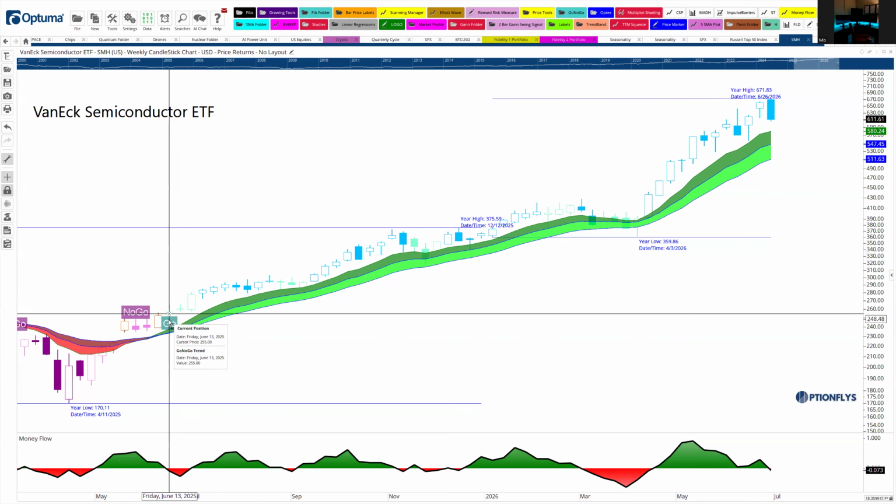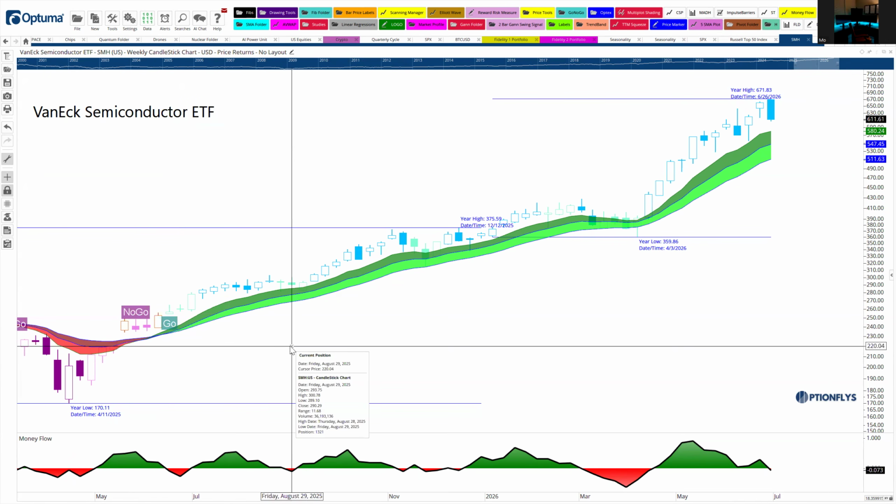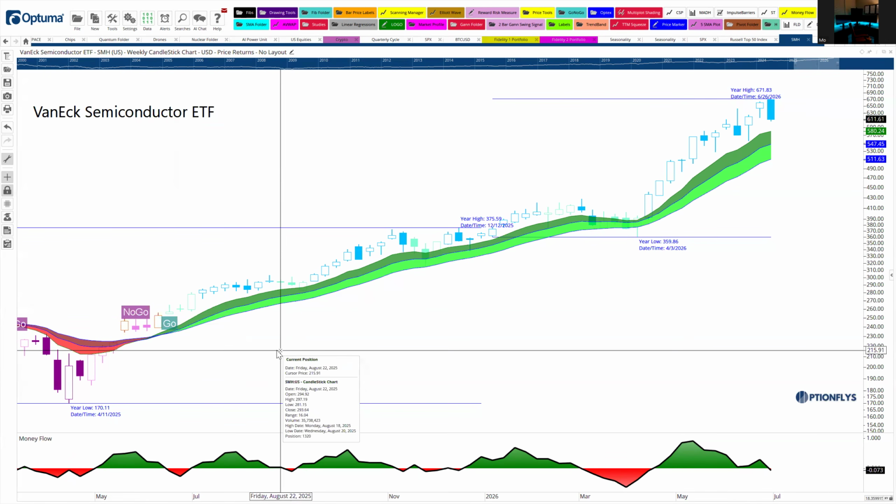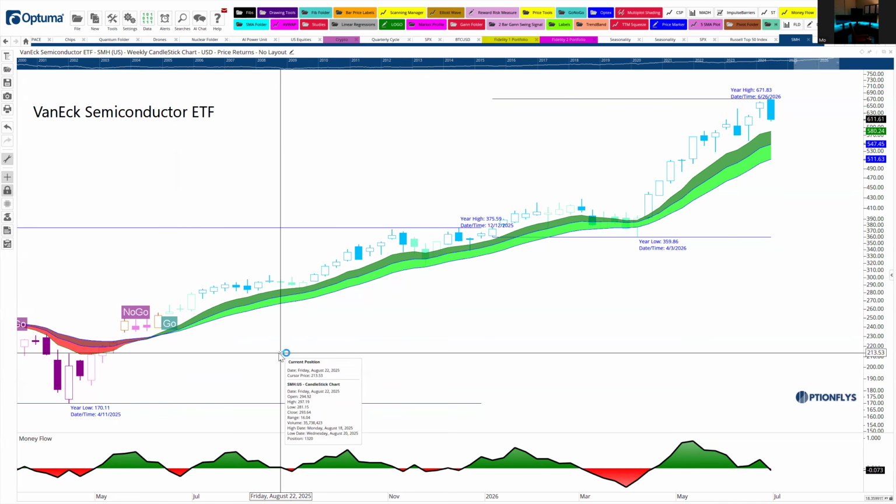But when you see something here like this, well, that means time to go. I don't know how he did that, but he has, I believe, three, four indicators that he merged to fire these go, no-go signals. They're pretty good.